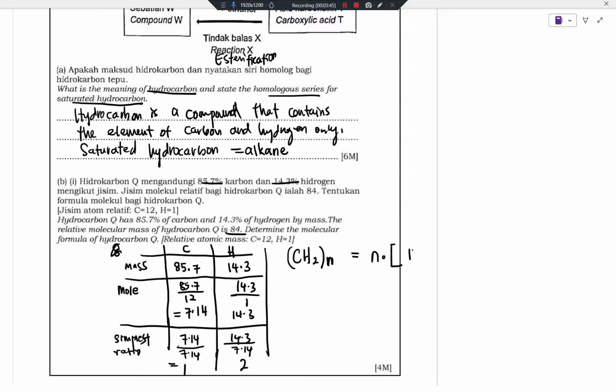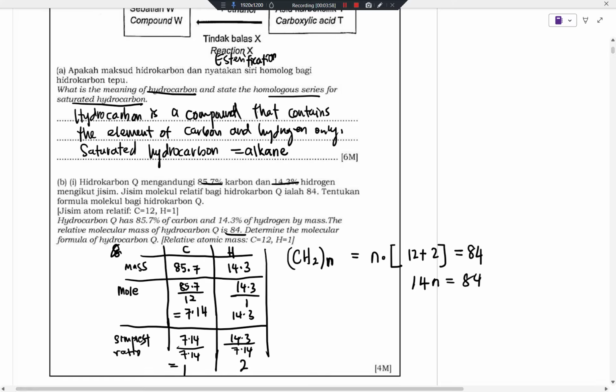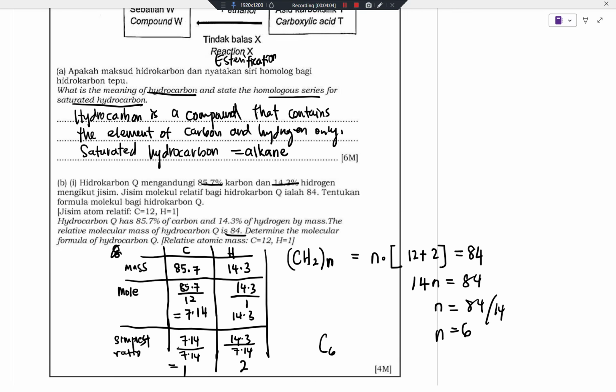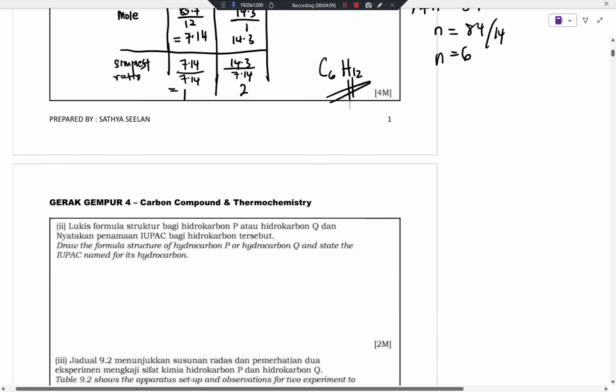Okay, carbon is 12, hydrogen is 2. This will be equal to 84. So 14n equals 84. So n is equal to 84 divided by 14, n equals 6. So C6H12 is the molecular formula.